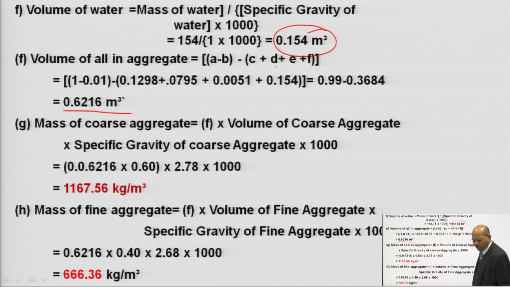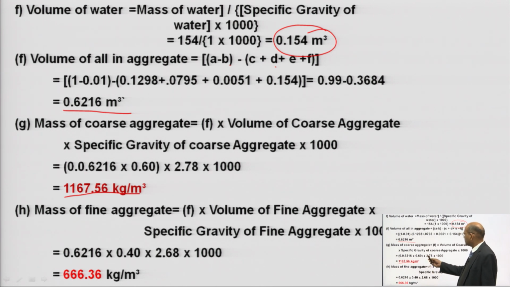So, mass of coarse aggregate will be nothing but this fraction into volume of coarse aggregate, multiplied by specific gravity of coarse aggregate by 1000, so you will get 1167.58. Similarly, mass of fine aggregate can be calculated with the help of specific gravity.